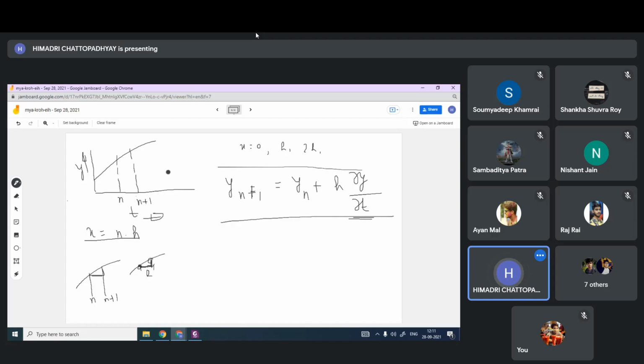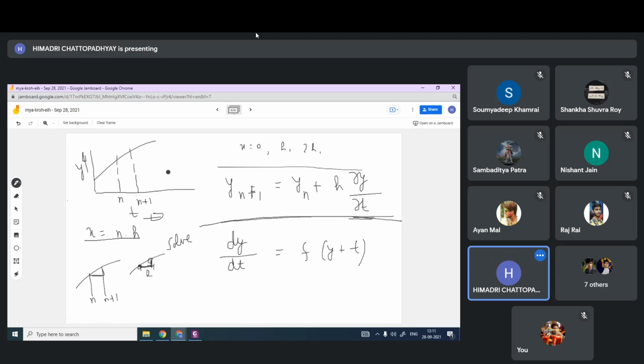So now, let's say you have an equation which gives the slope: dy/dt equals a function of y and t. So what is the equation we are solving?